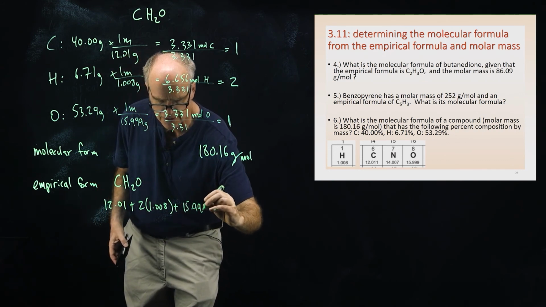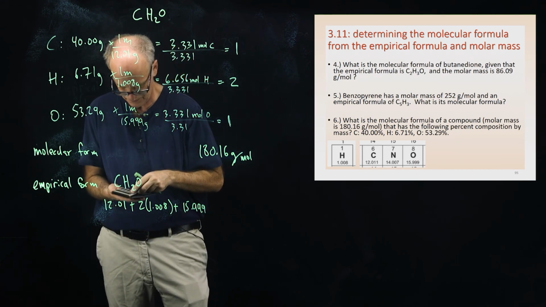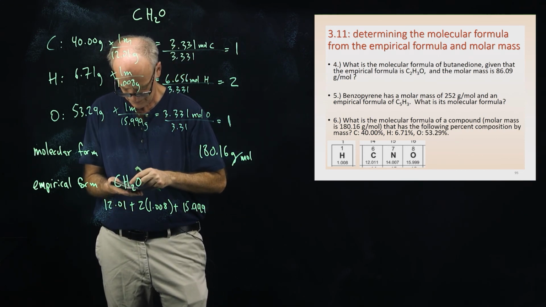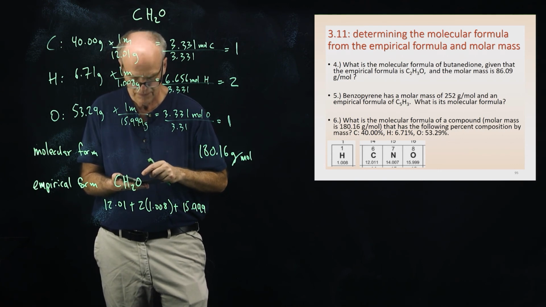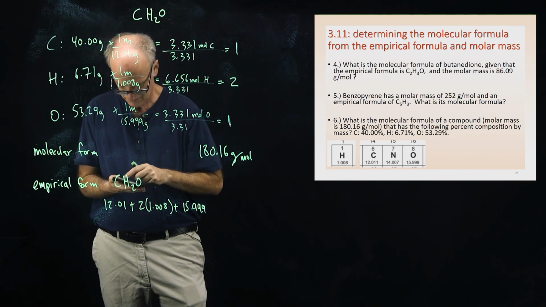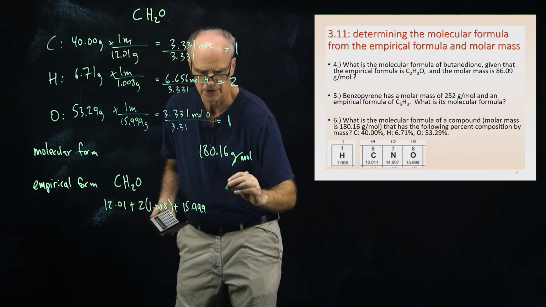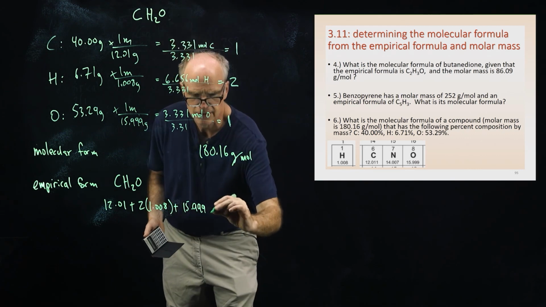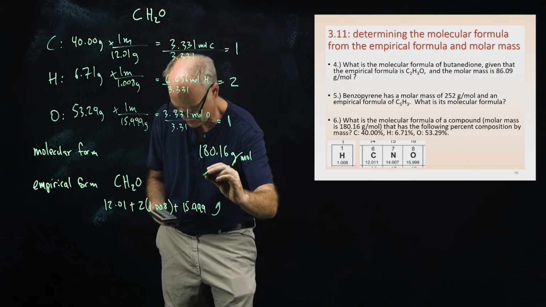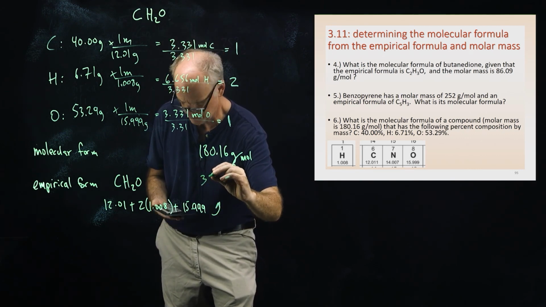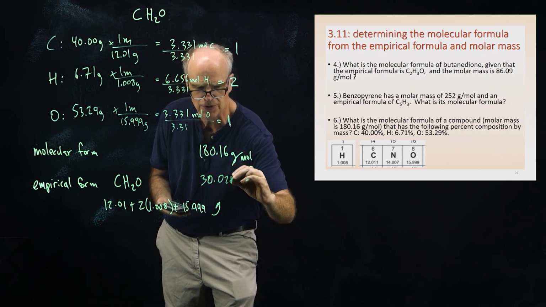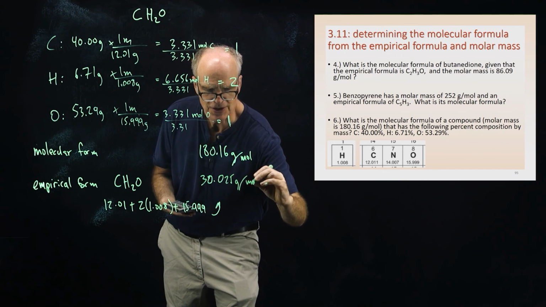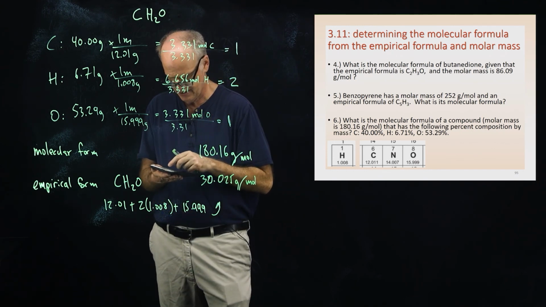Let me get that number really quickly. Okay, so what we get for a molar mass of this empirical formula is 30.025 grams per mole. So let me divide that into 180 and see what we get.